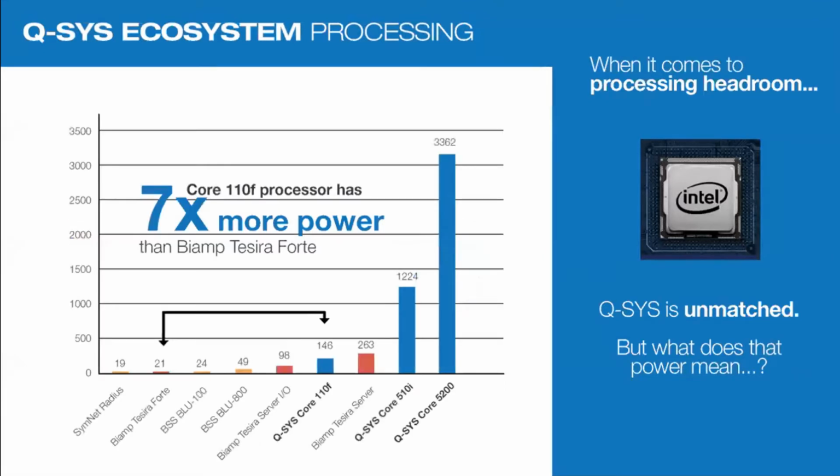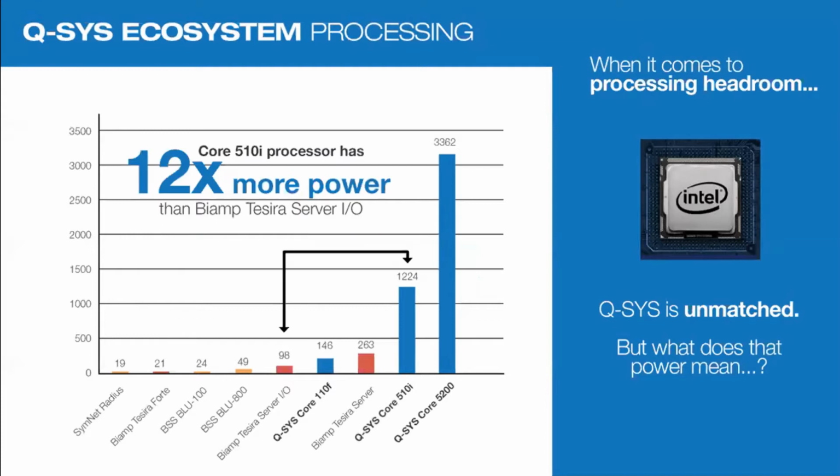If we look at how many times we can implement this processing chain, you can see that where the Core 110, our base level processor, hits its limit, the others are already maxing out. So the power offered by the Intel processor is kind of unmatched. If we look at our bigger units, like the Core 510 versus the biggest units from our competitors, we have 12 times more processing power.